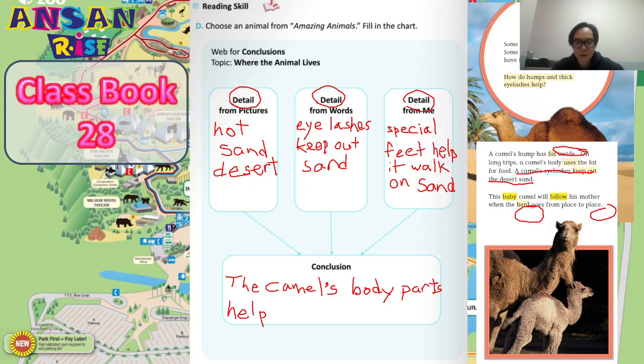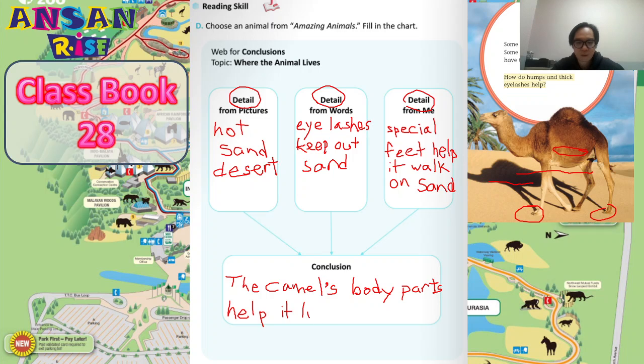The camel's body parts help it, and it is the camel. It do what? Well, it needs to see and it needs to move, so it will live. Live. Where? In the desert. And now I need a period. Period. All right, great job.